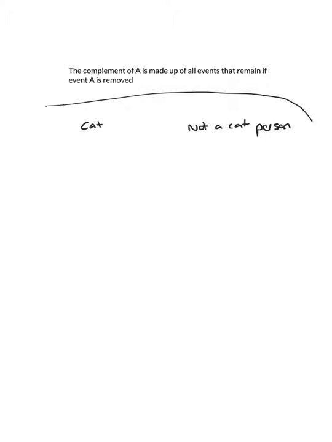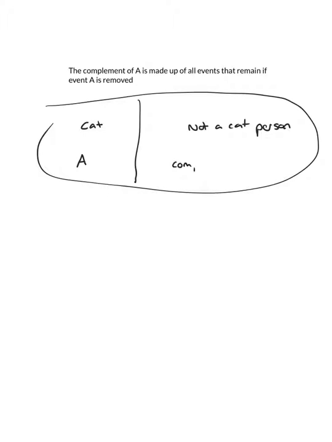That is, all the people we have either fit into this category or this category right here. These two are what we call complements. If I call this A, this is the complement of A. Now we have notation for this as well. If I call that A and this is the complement of A, I can represent that by putting little a with a C on the top of it.